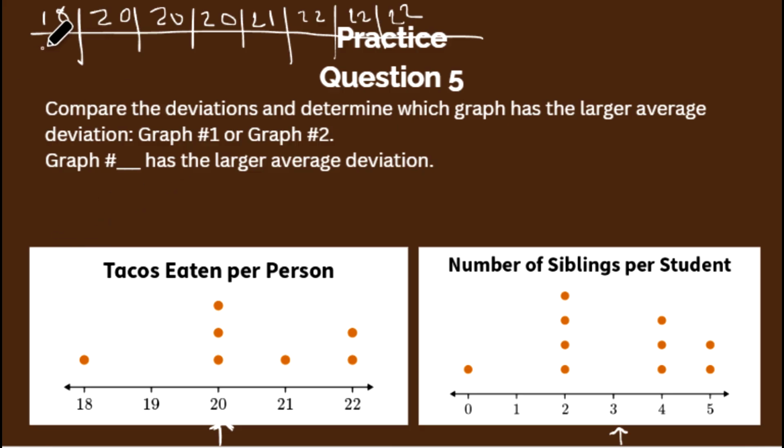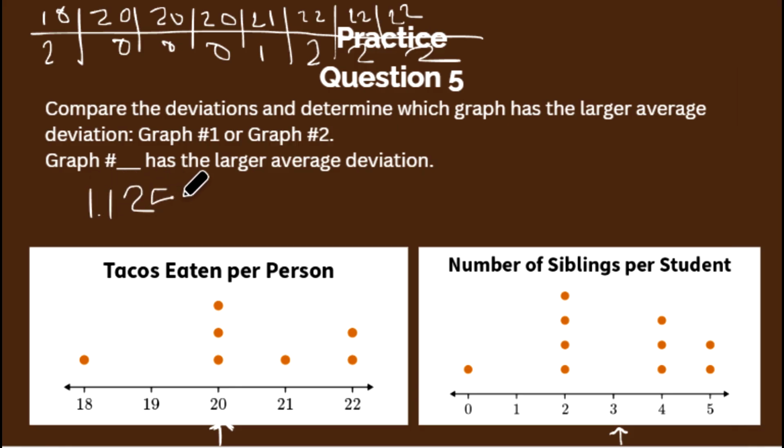They're all from 20. So this is 2, 0, 0, 0, 1, 2, 2, 2. Let's get our calculator out. We have 2, 4, 6, 8, 9, divided by 1, 2, 3, 4, 5, 6, 7, 8. 9 divided by 8 gives us 1.125.